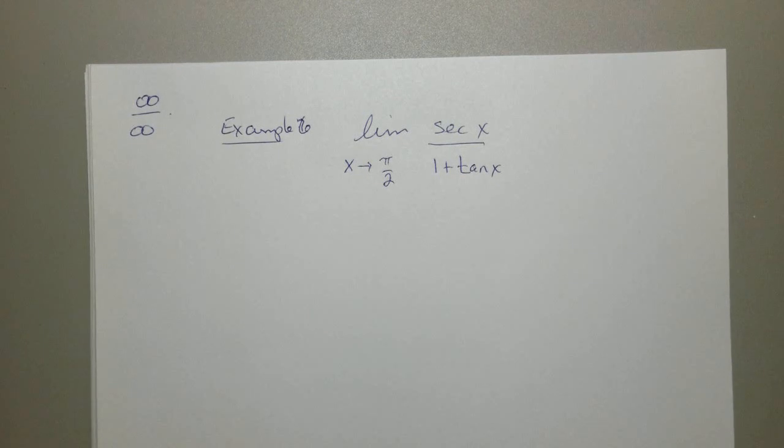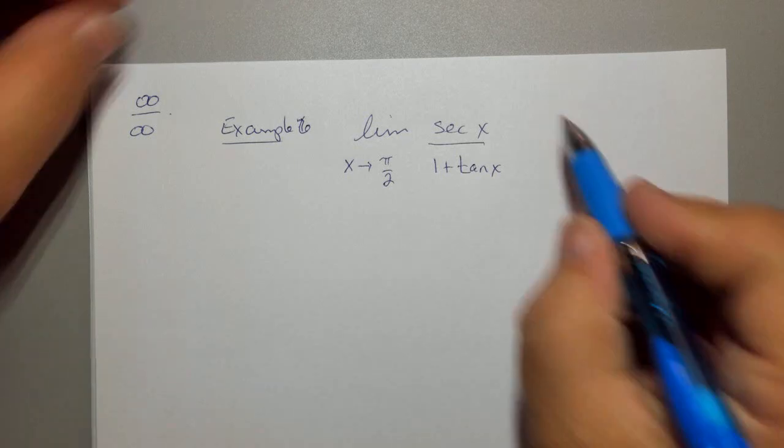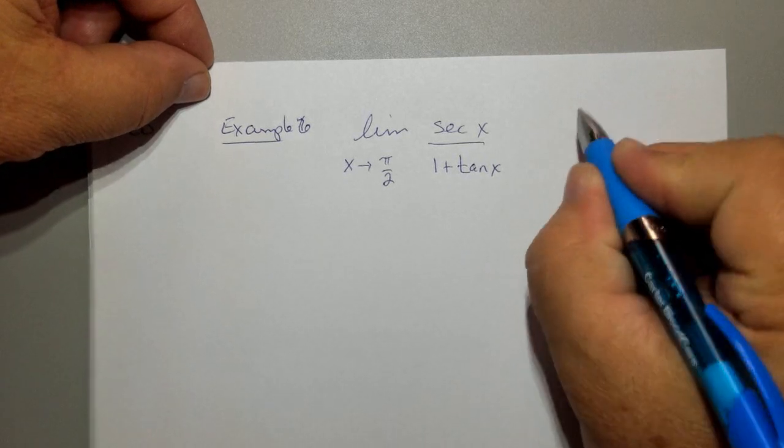Why? Okay, remember from chapter 2. Why are we picking pi over 2 as our limit point? In this function, what happens at pi over 2? What is secant at pi over 2?